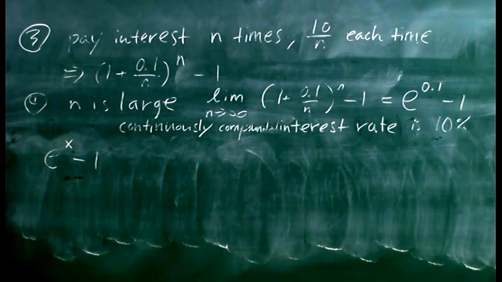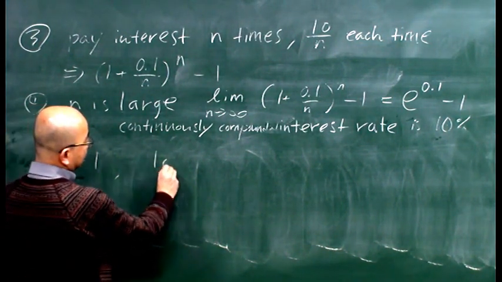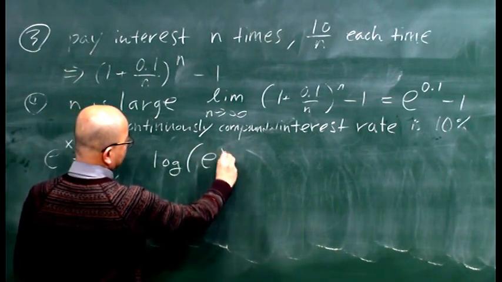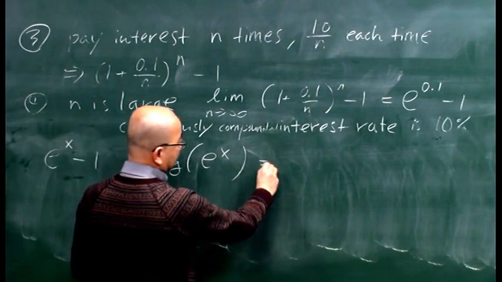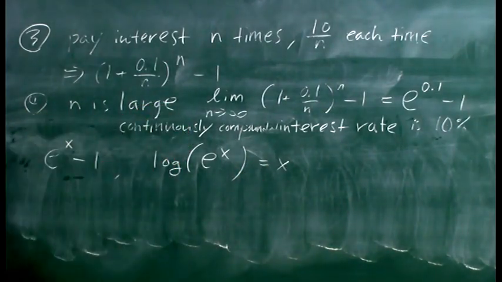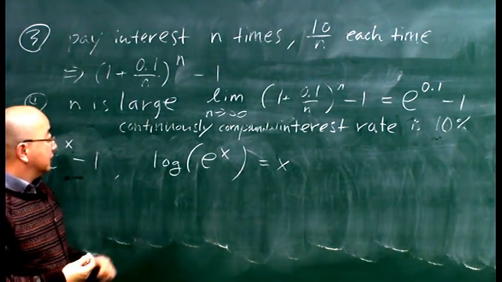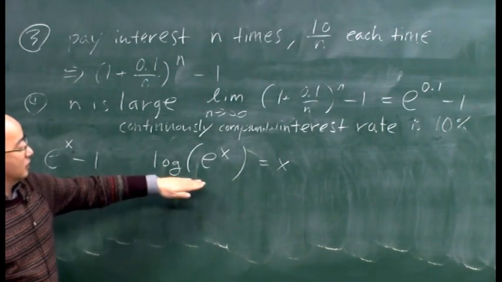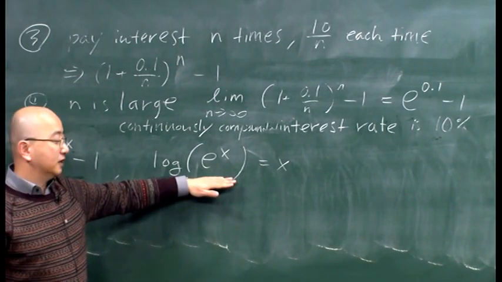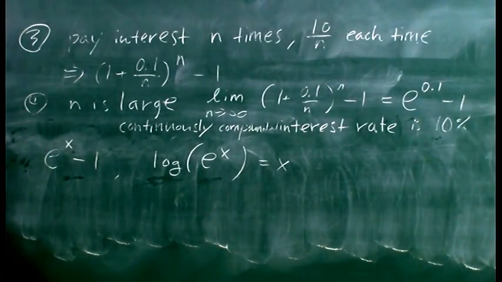We can say either way. To read off x out of here, you can note that if you take the log of this expression, then of course you will get x. So another way to think about continuously compounded interest rate is to say that we are taking the logarithm of the regular interest rate plus 1, and that's what we call continuously compounded interest rate.